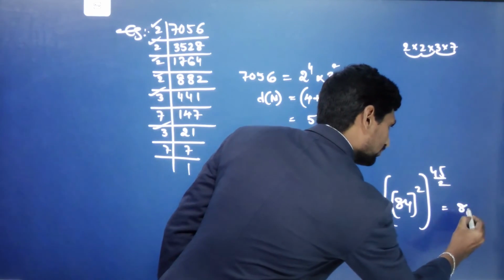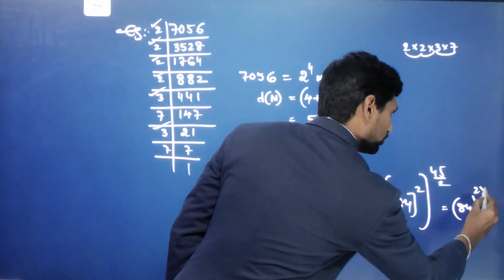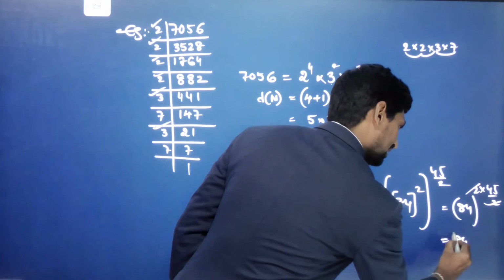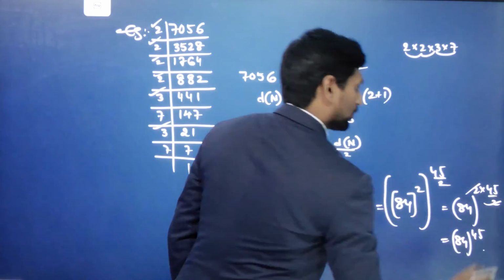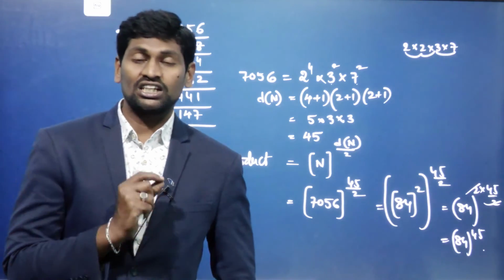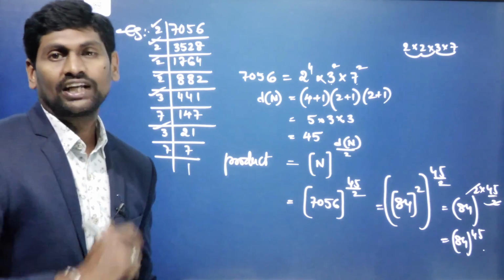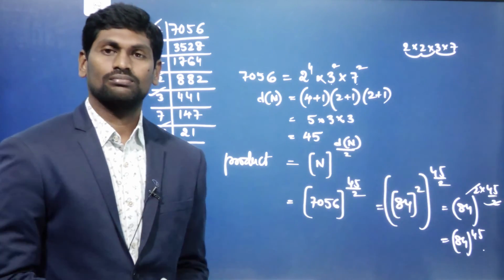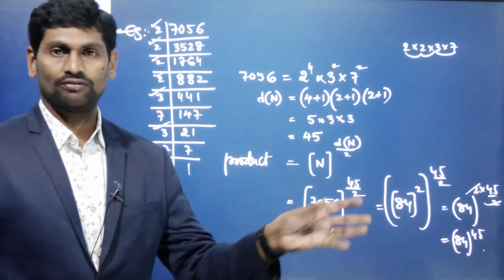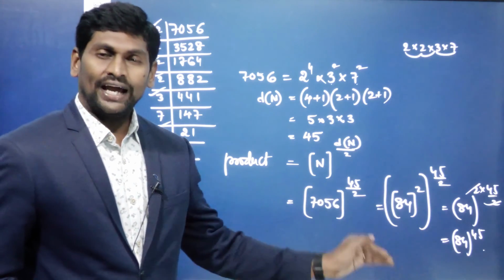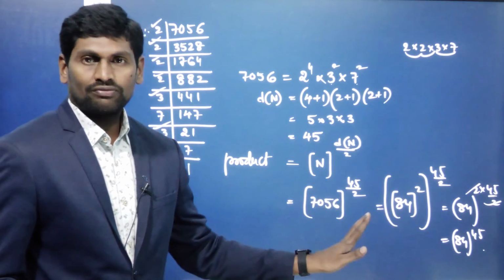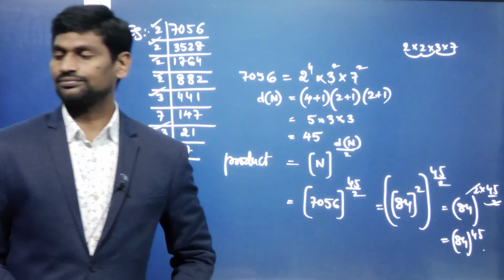That is 84 whole to the power of 2 into 45 by 2. Numerator and denominator cancel: 84 power 45. So the product of divisors is 84 power 45. That is nothing but 84 multiplied 45 times. A very huge value will come, right? And it is a very difficult task to multiply all the values. So we can express the product of divisors in exponential form in an easy way. We need not write it in whole number form. Please note it.